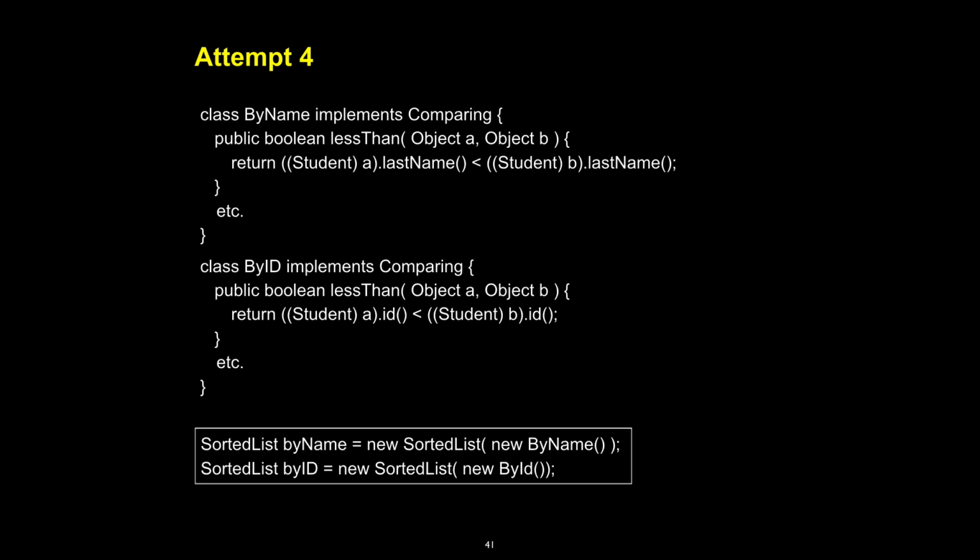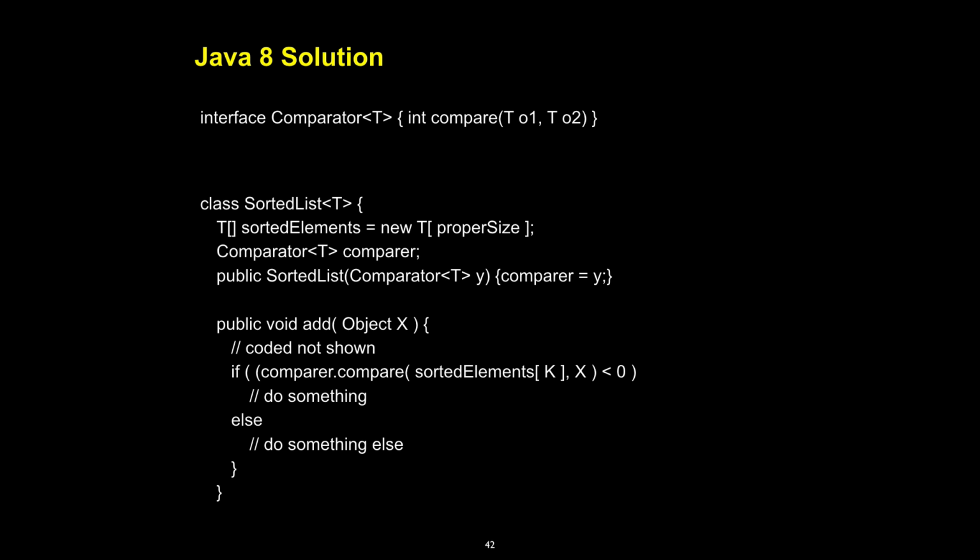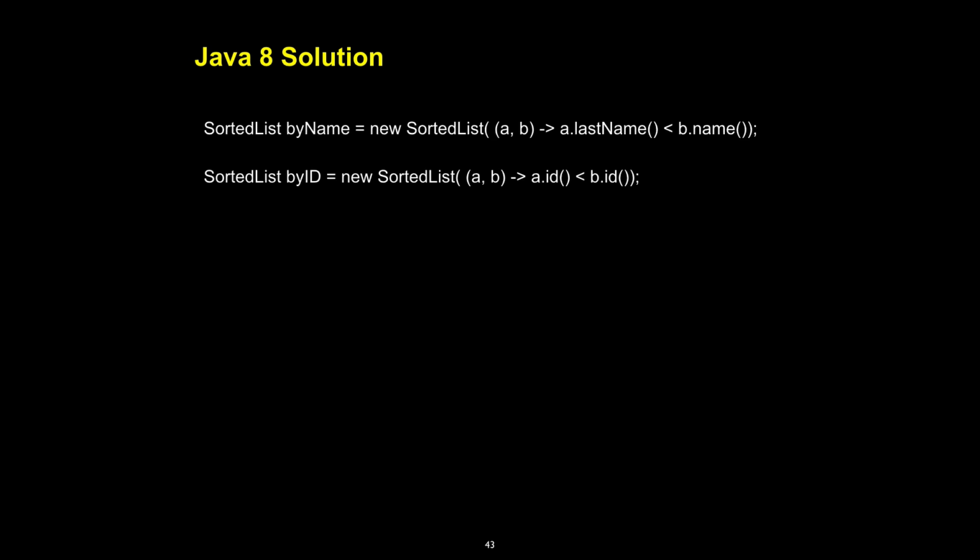And then we can create different sorted lists by giving different strategies and changing the strategies. And then, of course, with lambdas now, we can use the comparator interface and use a lambda.